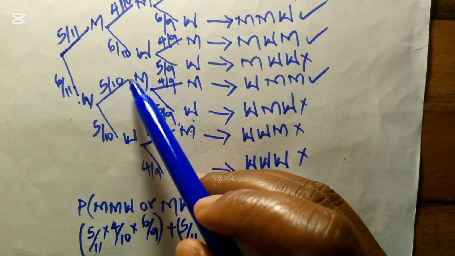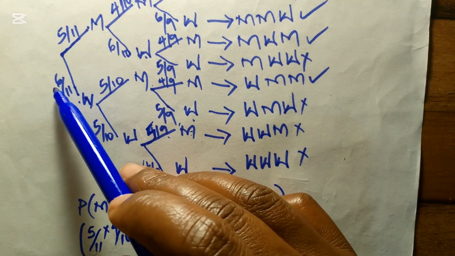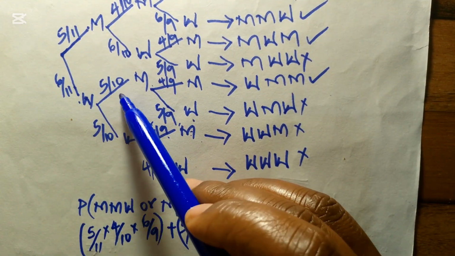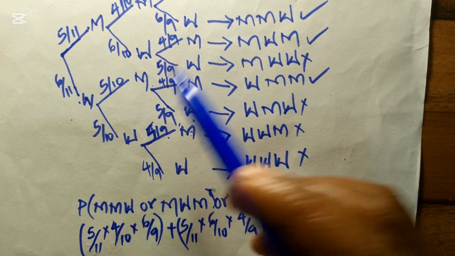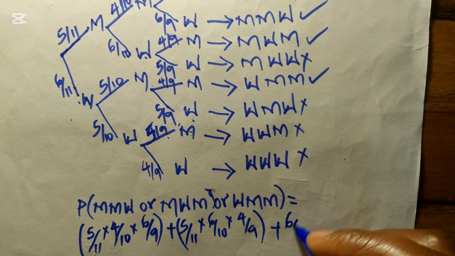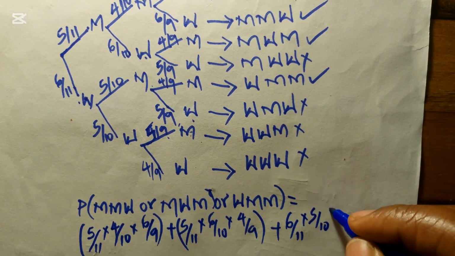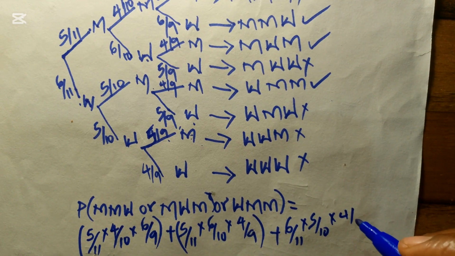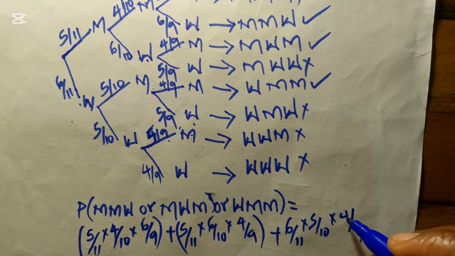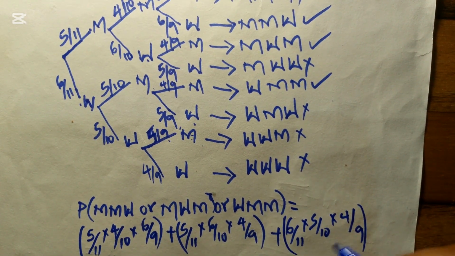So woman, man, man. So 6/11 times 5/10 times 4/9. Then we enclose that.